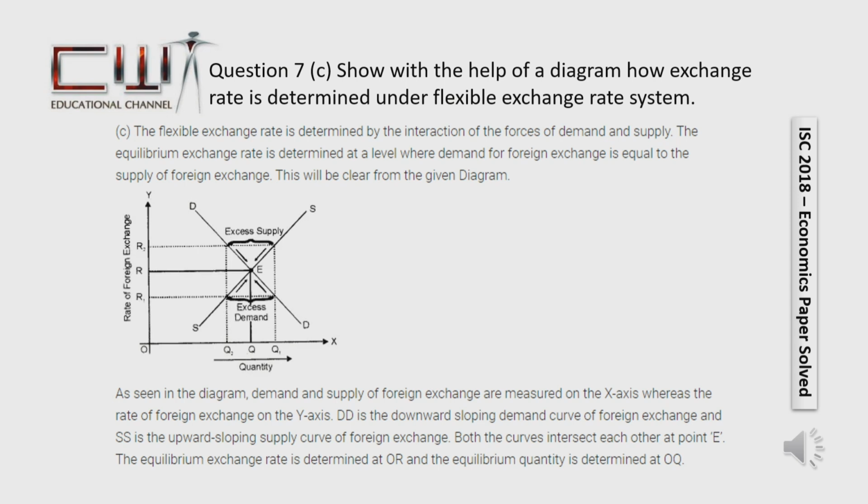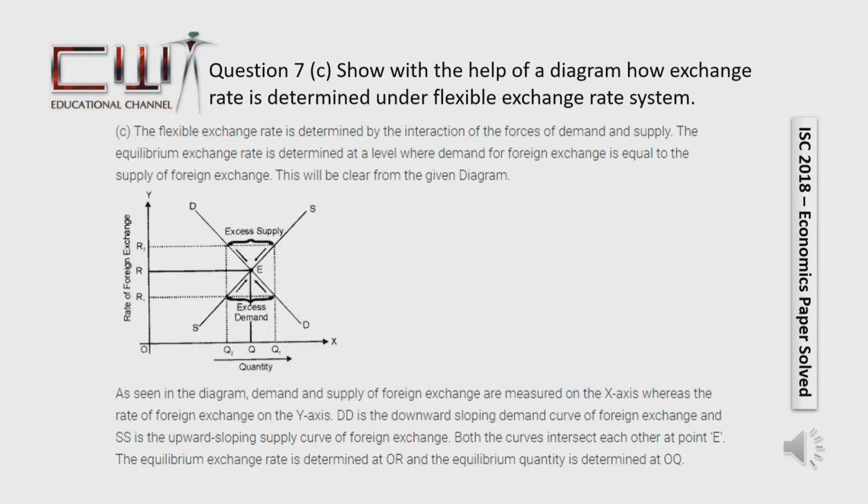Show with the help of a diagram how exchange rate is determined under the flexible exchange rate system. The flexible exchange rate is determined by the interaction of the forces of demand and supply. The equilibrium exchange rate is determined at a level where demand for foreign exchange is equal to the supply of foreign exchange. This will be clear from the given diagram.